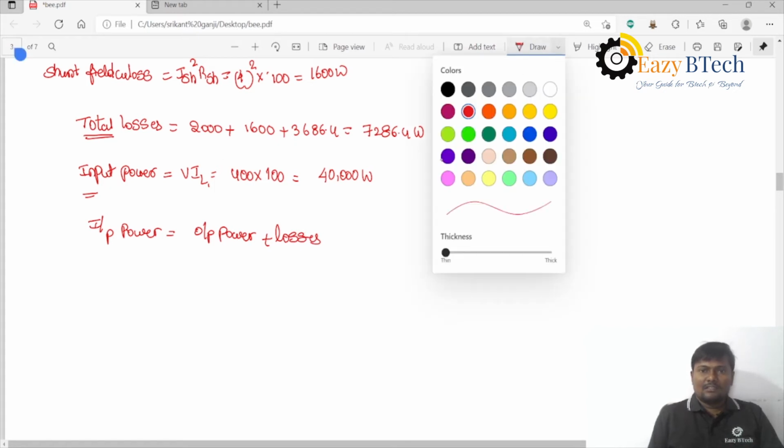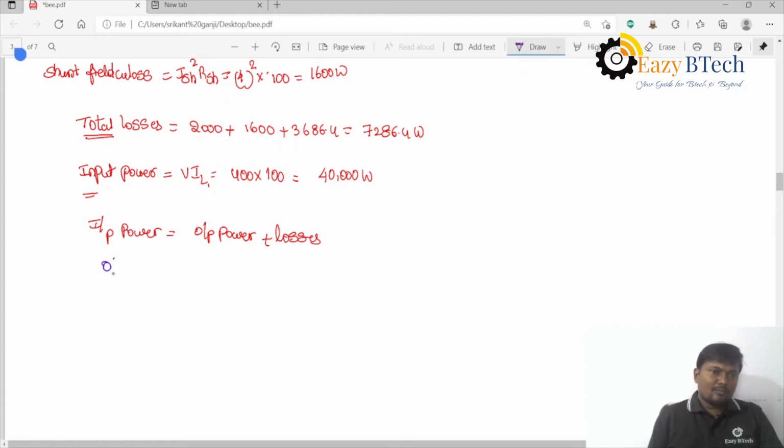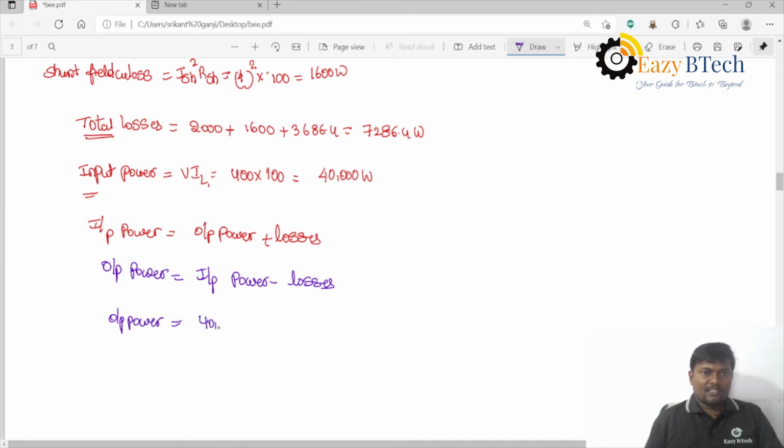Then output power is equal to input power minus losses. The input power is 40,000 minus losses of 7286.4, which should be equal to 32,713 watts.